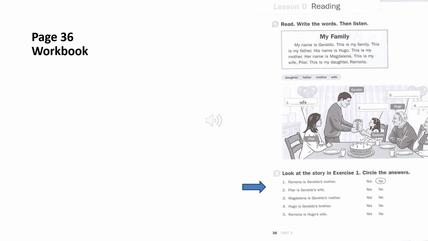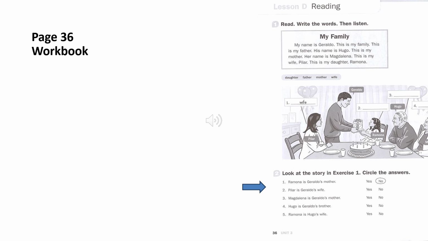You have to refer to the paragraph, My Family, to answer the questions. For instance, number 1 says, Ramona is Geraldo's mother. So I have to look up there. Let's find Ramona. No, it says, this is my daughter Ramona, so the answer is no.